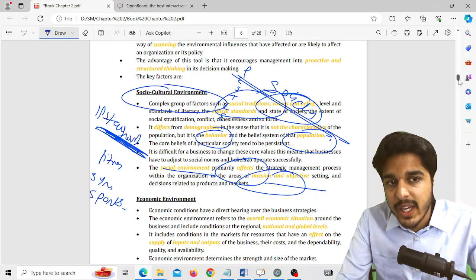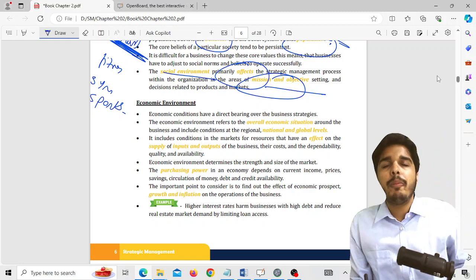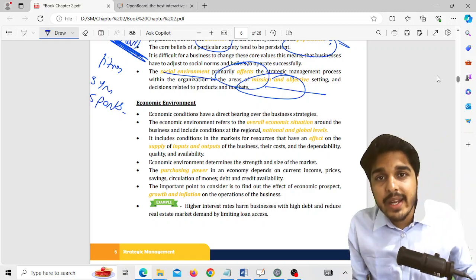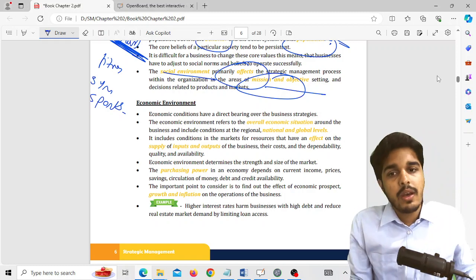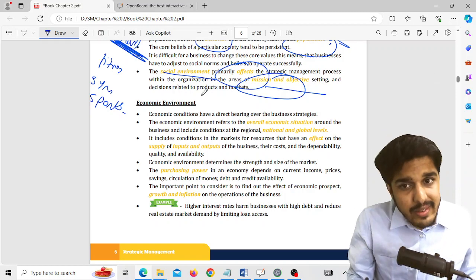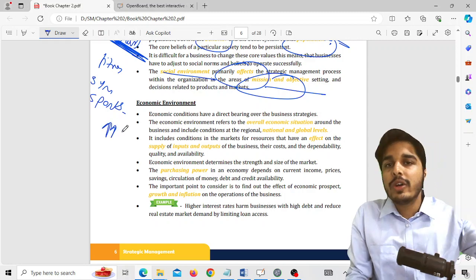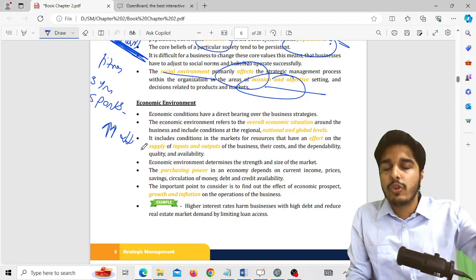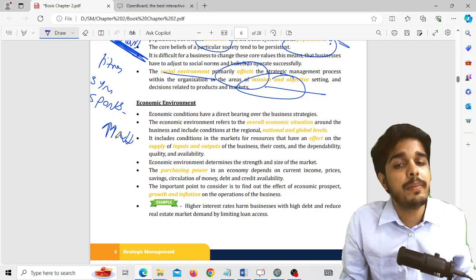Next thing, economic environment. What do you mean by economic environment? Very easy. It says what the economic conditions are in the market of the country in which you are operating. Basically, if the economic conditions of the overall country grow, then you will also grow. If they go down, then you will surely go down automatically.